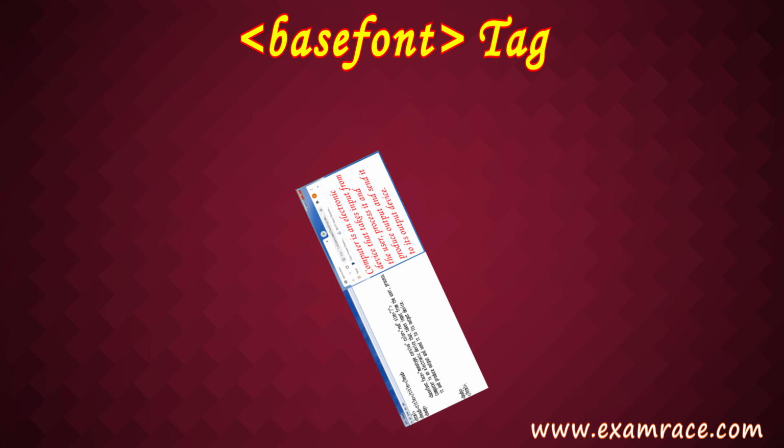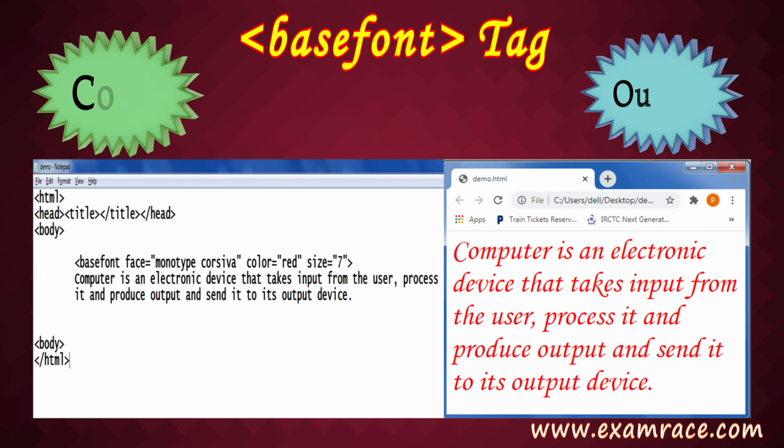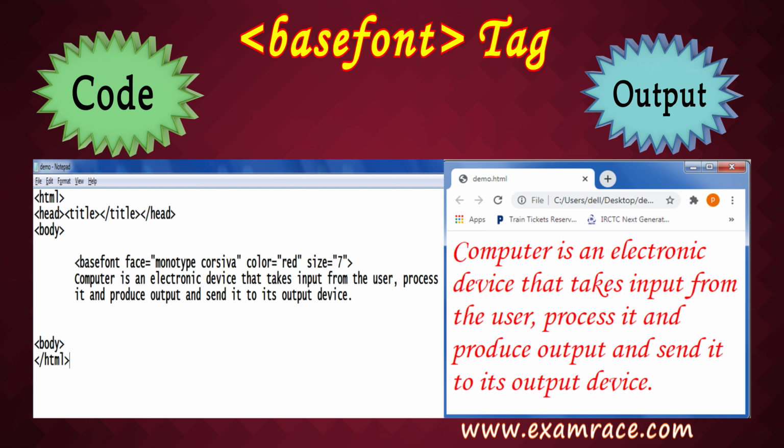So let's move to the output of base font. We have two text lines. In the base font I have given face as monotype cursive, then color I have provided as red. Then size is a numeral value; according to the requirement we can provide the size over here.